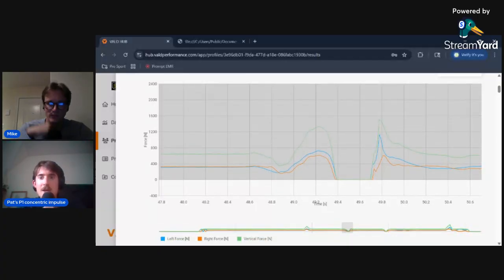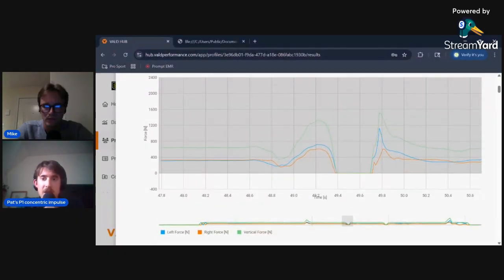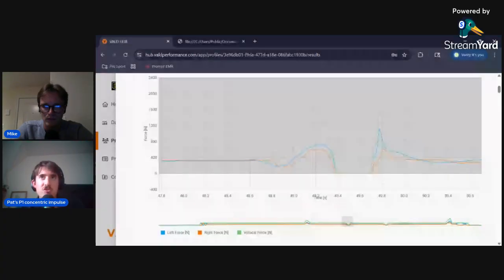So it just expands anything that we might have missed from the body weight. The first thing to mention is you should look at strategy when someone is doing a counter movement jump. What I mean by that is, if the person is doing each jump differently, can you really get anything from the values elsewhere?